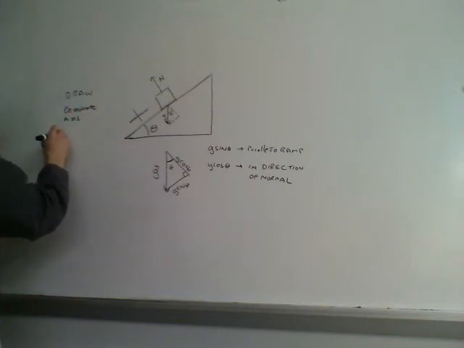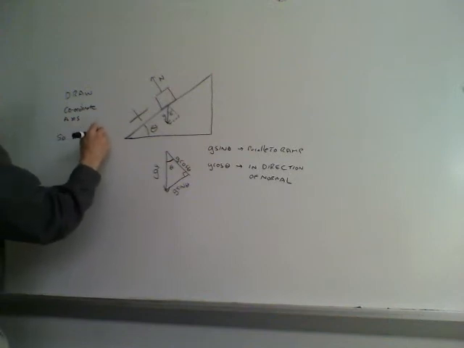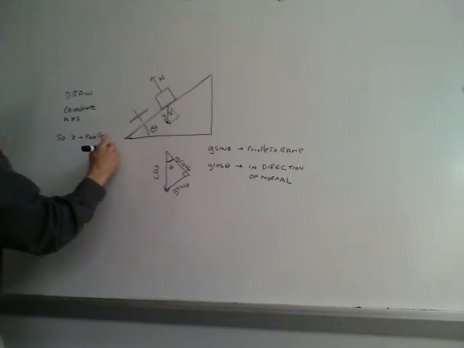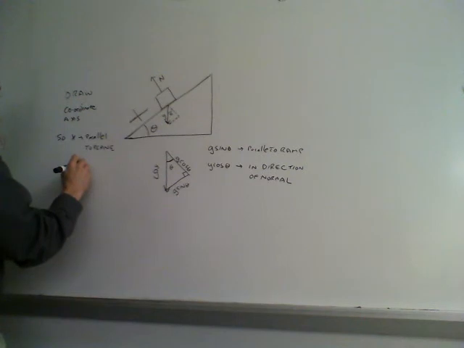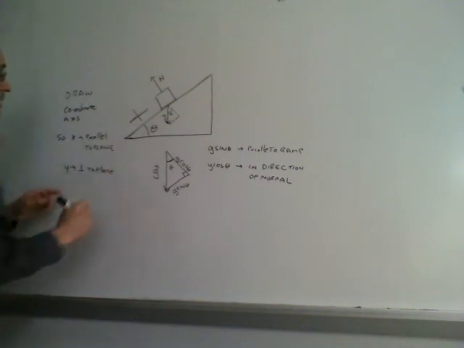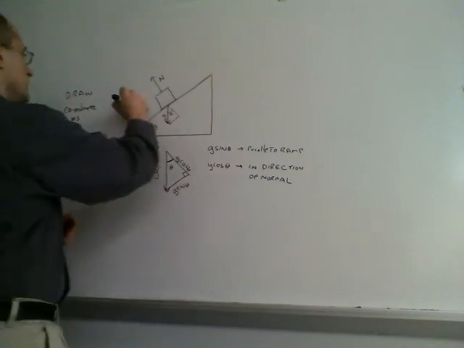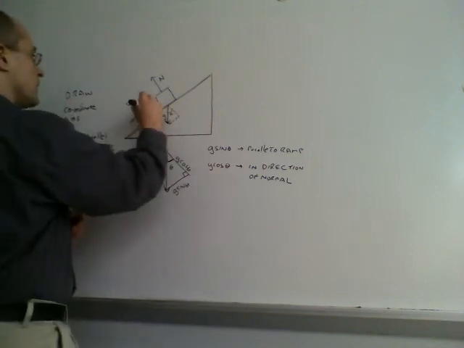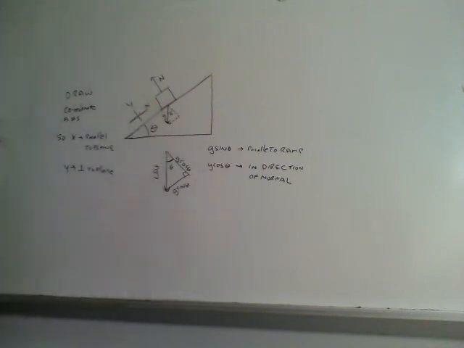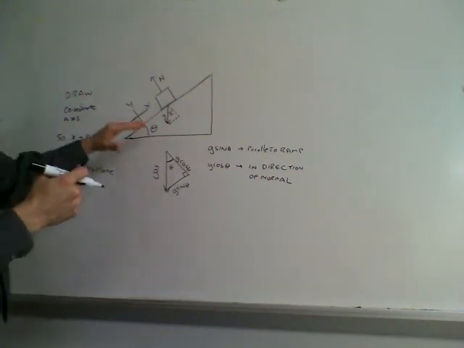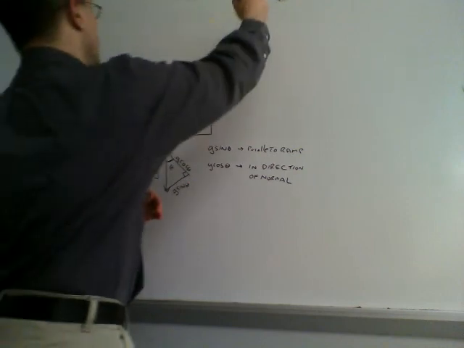The x is parallel with the plane, and the y is perpendicular. So y is now in the direction of the normal, and x is the one that's parallel to the plane. So when we look to sum our forces on the system, what do we get?